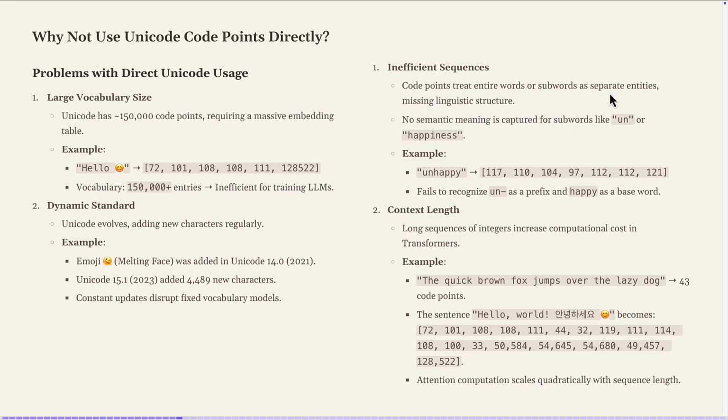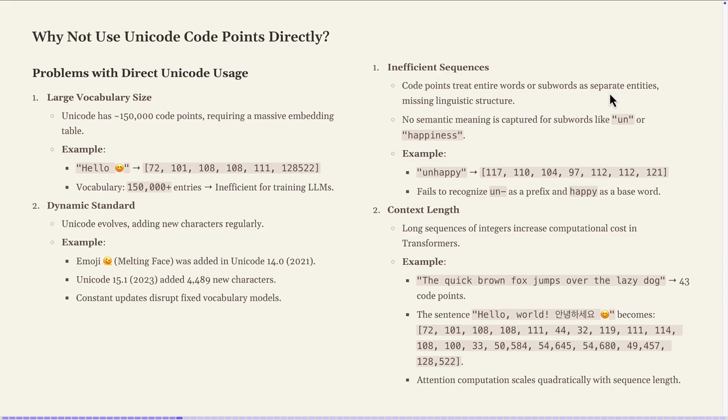We have also inefficient sequences. For example, if you have a word like unhappy, which is composed of the prefix and the root word, it will be just represented as such. So it doesn't capture any kind of semantics or morphological structure of the language. Just numbers without any kind of meaning.